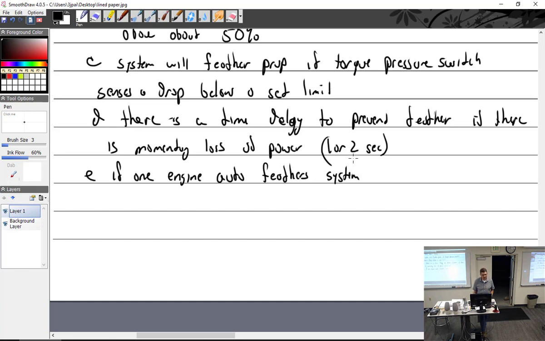Mismanagement of fuel. I would assume that's with a twin engine. Maybe if you have 4 engines, it may at that point.